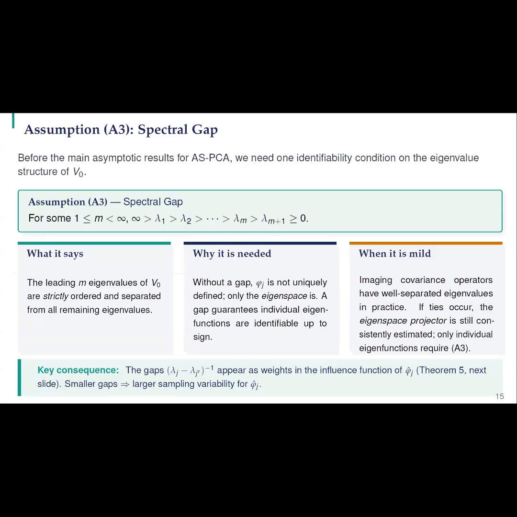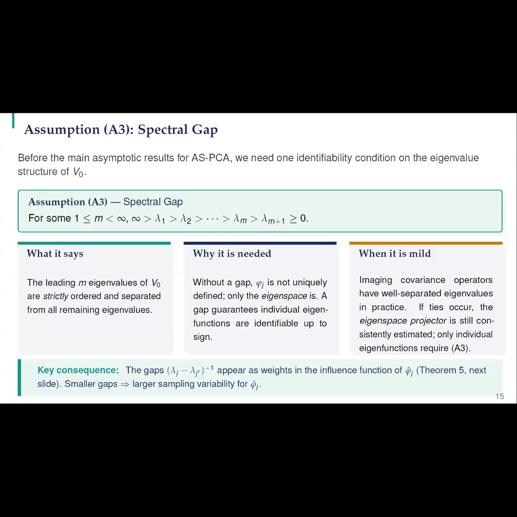Without a gap, we have trouble with the eigenspace and formulating what a projection looks like in dimensions higher than 1. You can do it, but it requires a little more math than we have time to discuss here. Imaging covariance operators tend, from our observation, to have well-separated eigenvalues in practice.